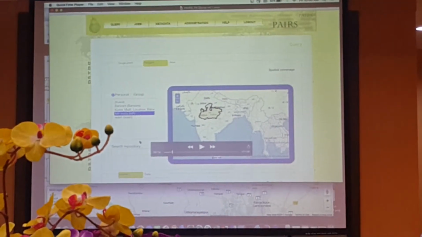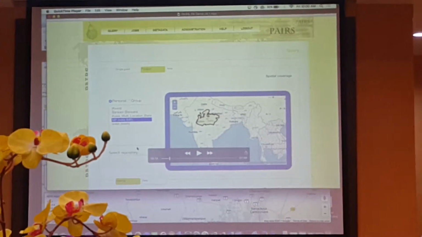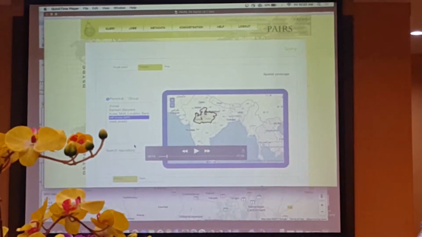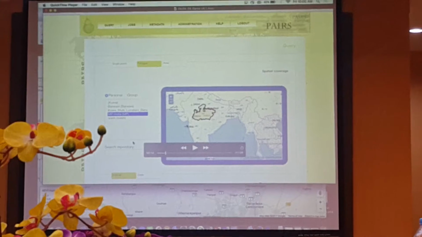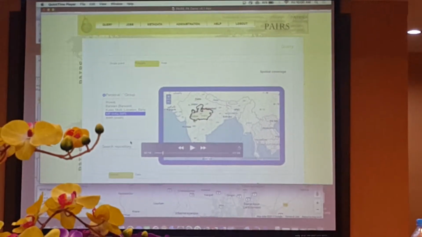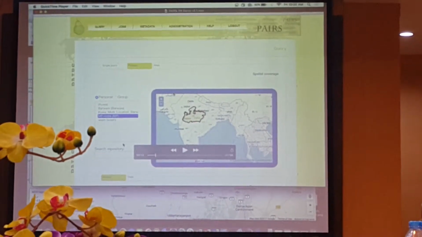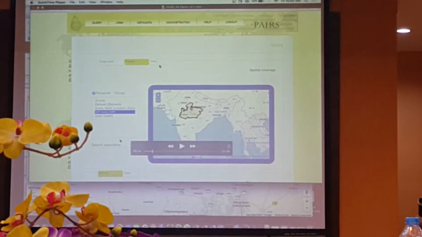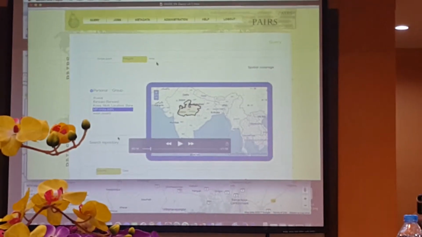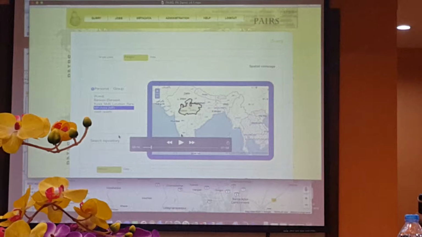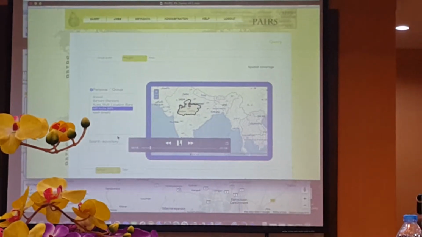Or, for example, in this case, you can draw a polygon. So you can just draw any shape, and in this case it's a state in India that it has picked. Or it also can be a square or a rectangle that I can give, and I can say that this is what I want to analyze.